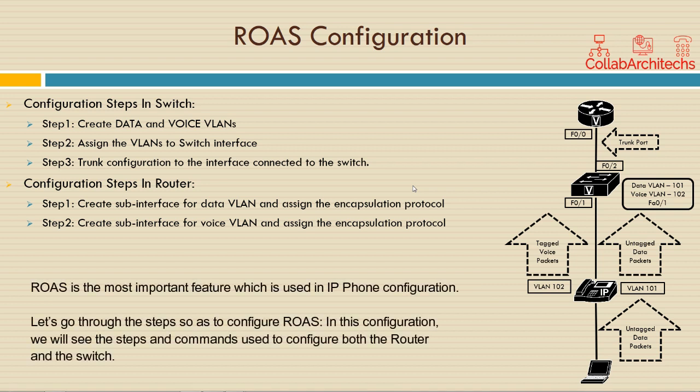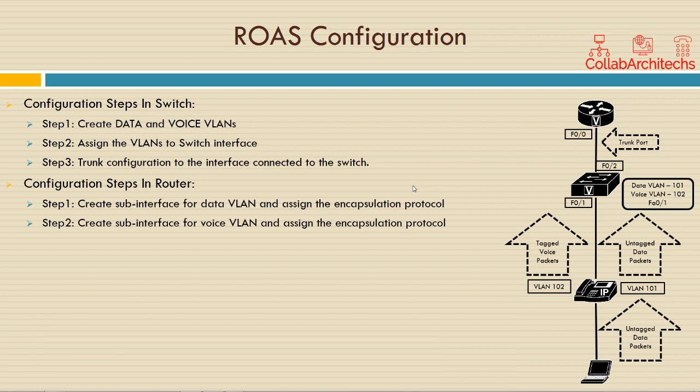ROAS is the most important feature used in an IP phone configuration. Let's go to the steps to configure ROAS. In this configuration, we will see the steps and commands used to configure both the router and the switch.